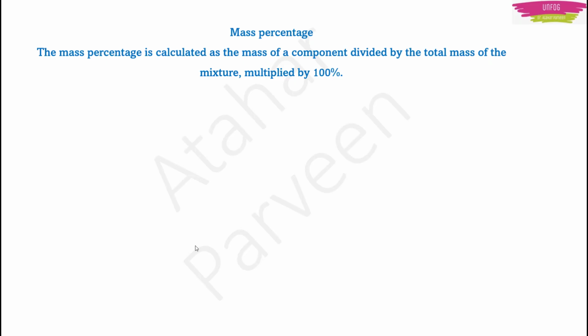Then you multiply it with 100. This is one way. Or the other way to find the mass percentage is equal to mass of solute upon mass of solution. With this you multiply 100 now because you are finding percentage, right?